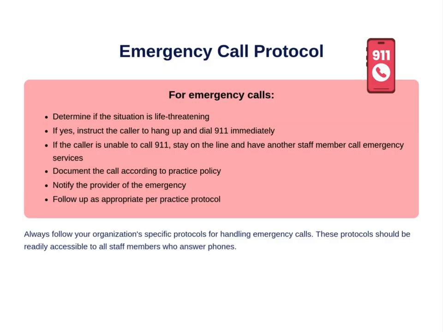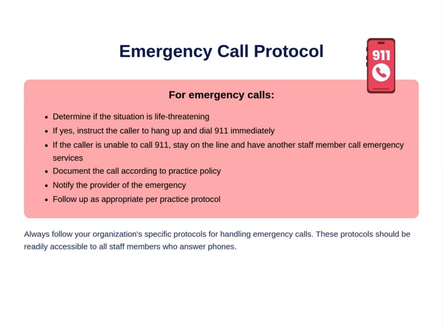So for emergency calls, we determine if the phone call is life-threatening. If so, we need to tell the caller to hang up and dial 911. If they cannot do that themselves, then you will stay on the line with them and have a coworker call 911. And you may be on both phones answering questions, being a mediary, really, making sure that help gets there.